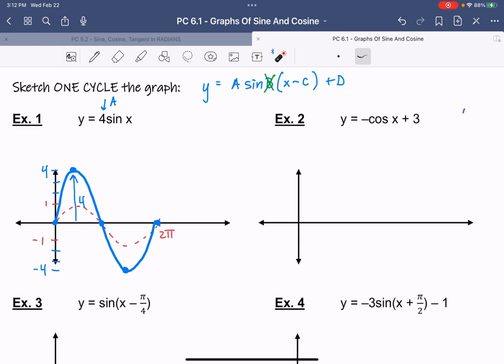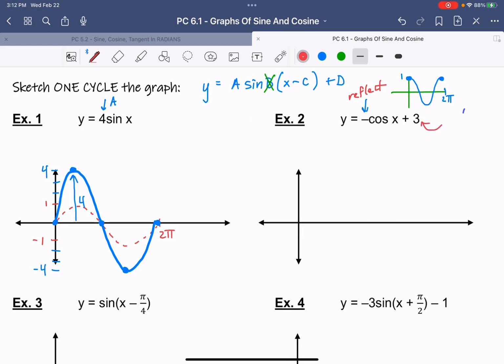So the second example, we have negative cosine of x plus 3. So knowing what our parent graph of cosine looks like, sometimes it helps just to sketch it. Typically starts up at 1. I kind of like to say it looks like a saddle. Completes one cycle in 2 pi. And this negative is going to reflect it or flip across the x-axis.